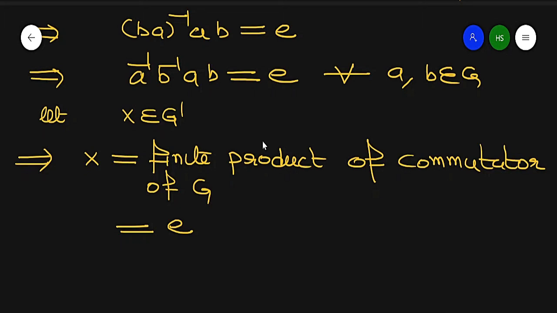So what do we get? We get G dash consisting only of the identity element.